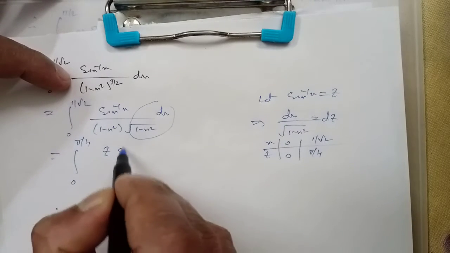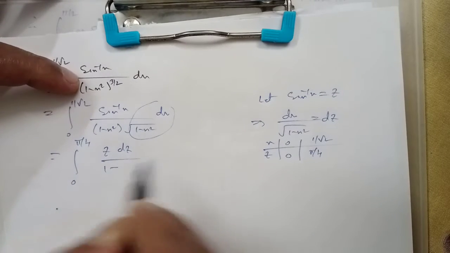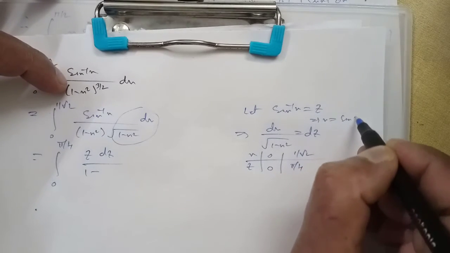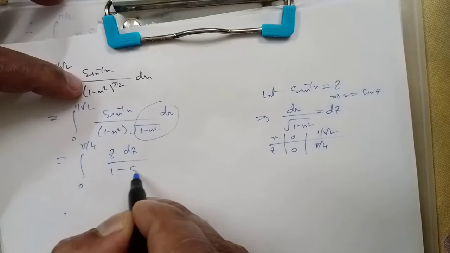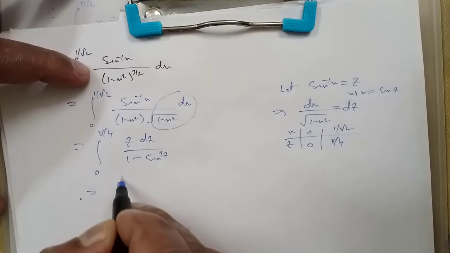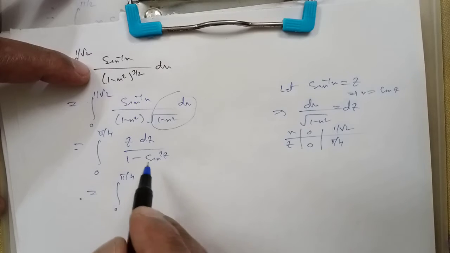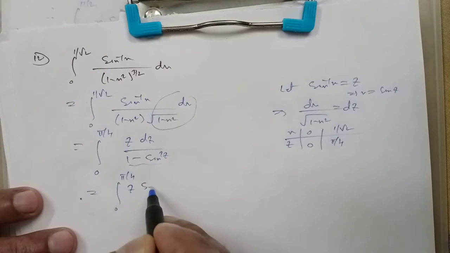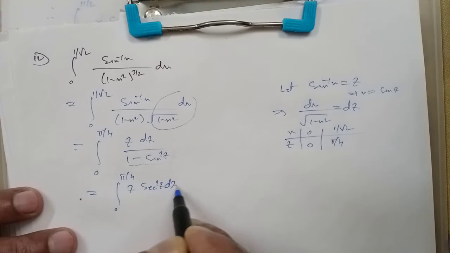This part becomes dz, and since sin inverse x is z, your x is sin z, so 1 minus sin square z. Okay, now this becomes 0 to pi by 4. Look, 1 minus sin square z is cos square z, so it becomes z sec square z dz.